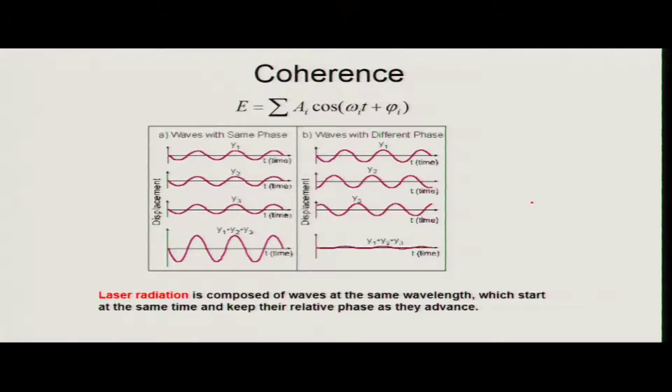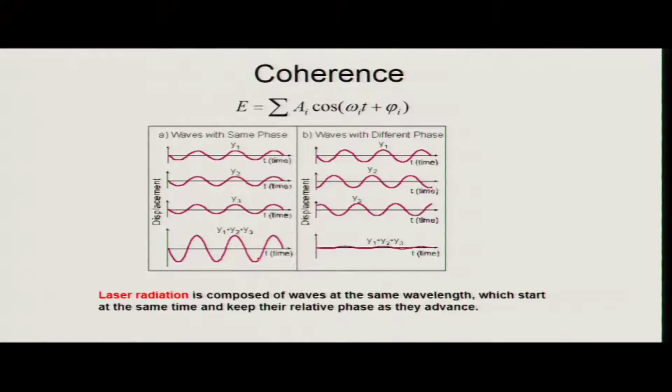Coherence, on the other hand, is the fact that the phase relationship within the emitted electromagnetic waves is very high. So for a laser, for example, the waves with the same phase start almost at the same point in time, and therefore, as they go along, they always bear a constant relationship with the other waves.